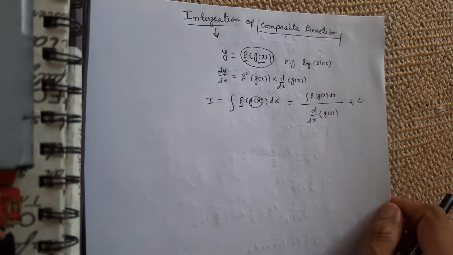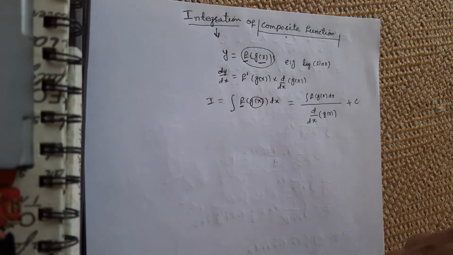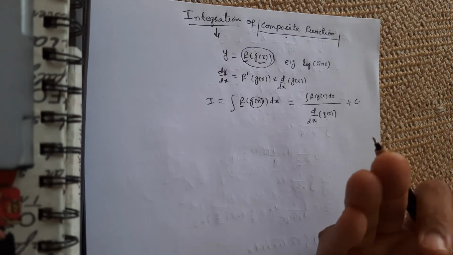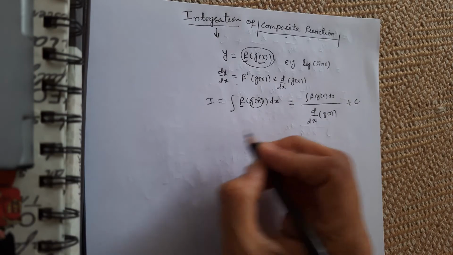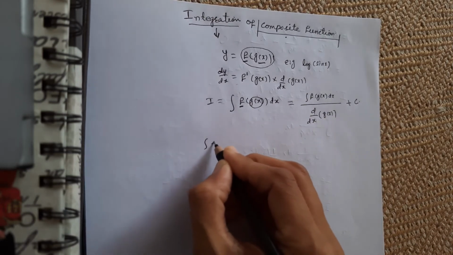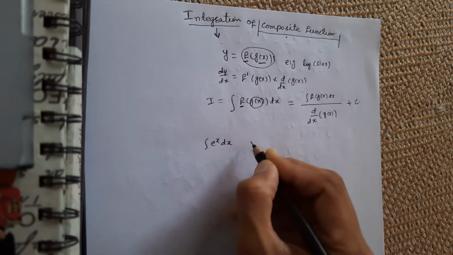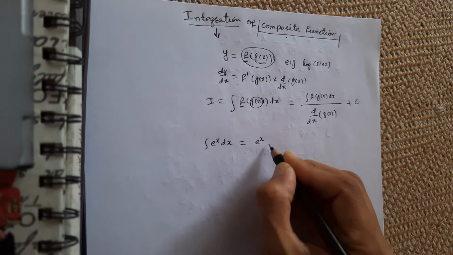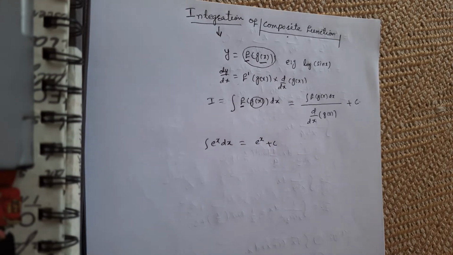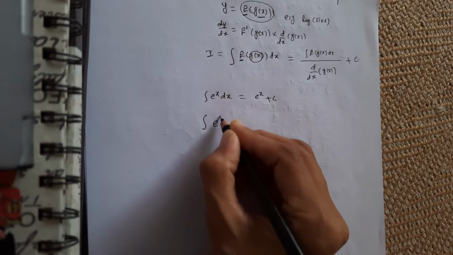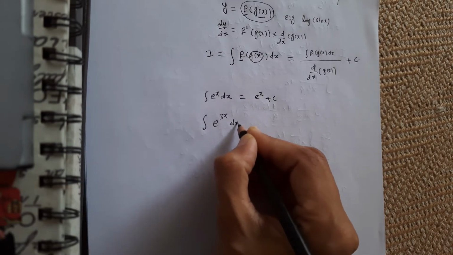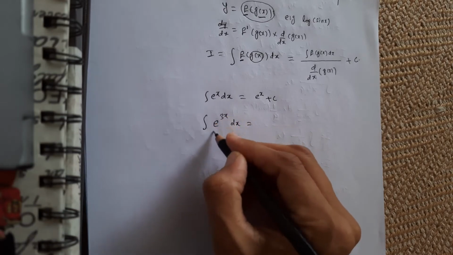Let's see with the help of an example how this is going to be simplified. I know that integration of e to the power x dx is e to the power x plus c, correct? Suppose I have the function e to the power 3x dx. This is a composite function.